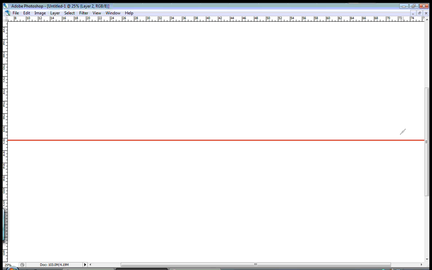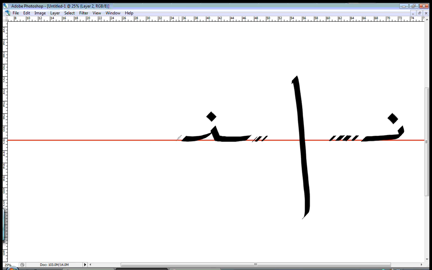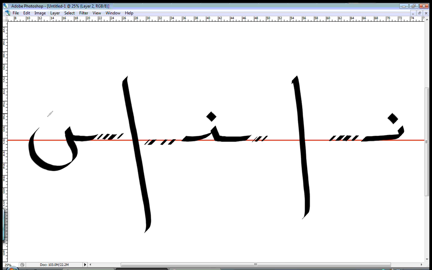The beginning of the word looks like a ba, but the dot is above. In the middle of the word, it's also like the ba, but the dot is above. But at the end of the word, it's written the same way as in the alphabet, usually, not all of them. And it's like that. So this is the letter noon, in the beginning, middle, and end of the word.